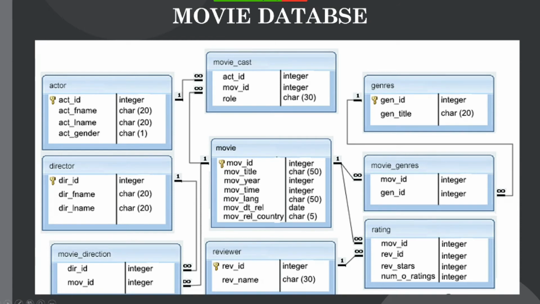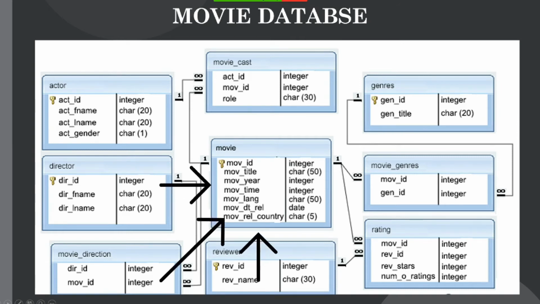For those who are not familiar with this schema, let me tell you what exactly it is. Actor, movie cast, movie, movie direction, director, everything is a table, and all the tables are linked with each other.